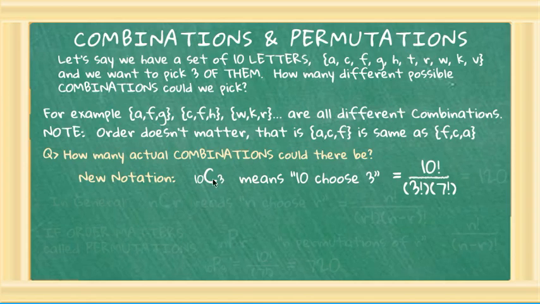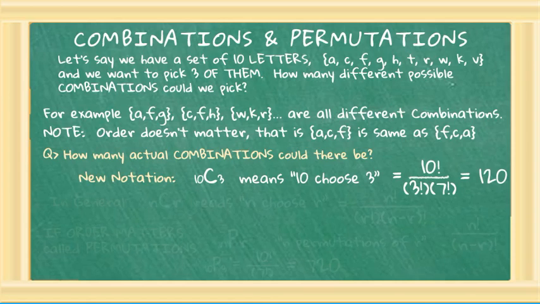We read that as 10 choose 3. The number of ways we can do that is 10 factorial over 3 factorial times 7 factorial. We'll talk about how we got that in a minute. When we calculate that, we get 120. There are 120 ways that we can choose 3 letters out of a group of 10 different letters.